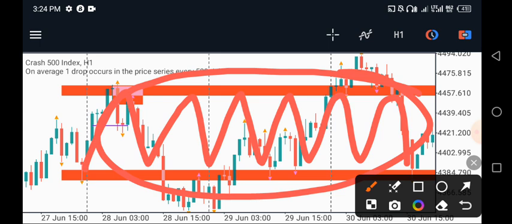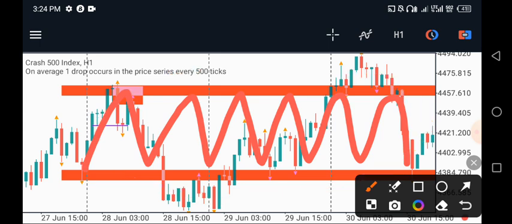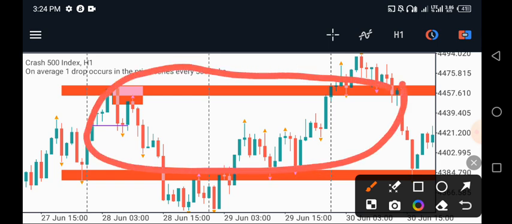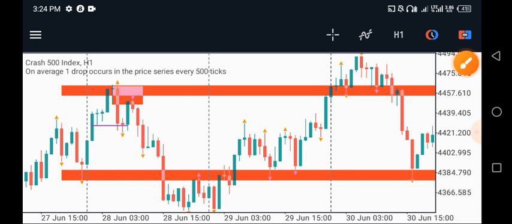I'm going to show you the best place to enter the market and the best time to trade this consolidating market. Because if you know how to trade the ranging market, then you should be making money for yourself in the market. There are just two things that you will need to know before you trade the ranging market.